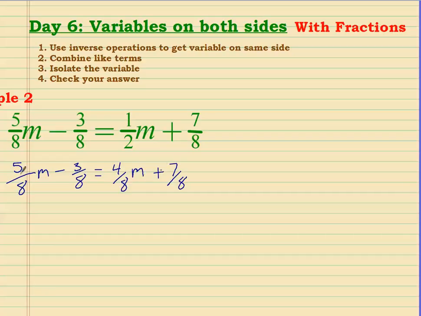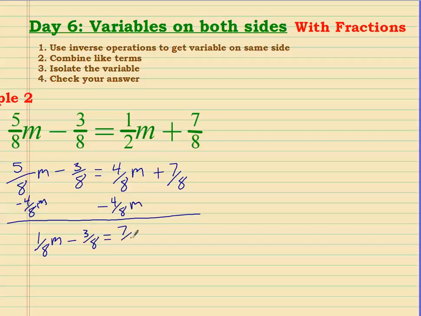Now, since the 5/8 is bigger over here, I'm going to move my 4/8 to the left side, and that will keep minus 4/8 m, and that will keep my m value positive, which should save me an extra step at the end. So now I have 1/8 m minus 3/8 is equivalent to 7/8.